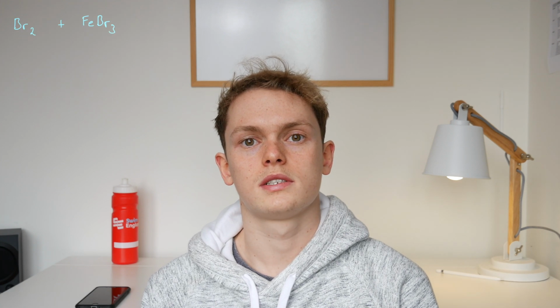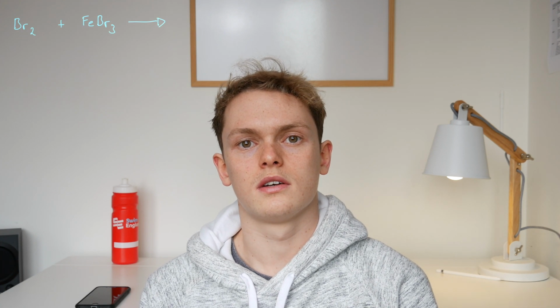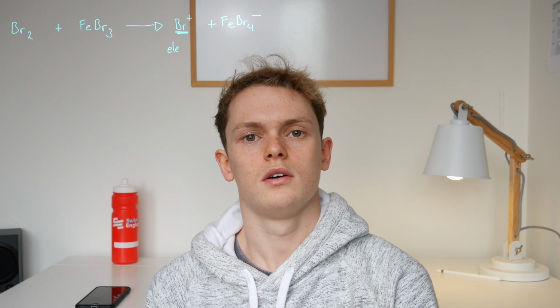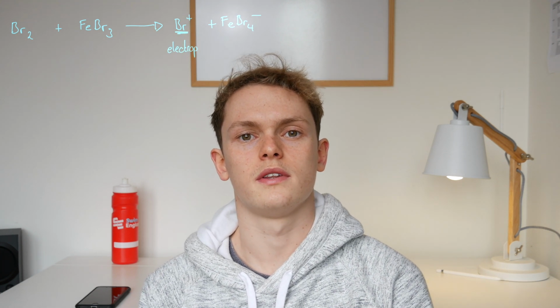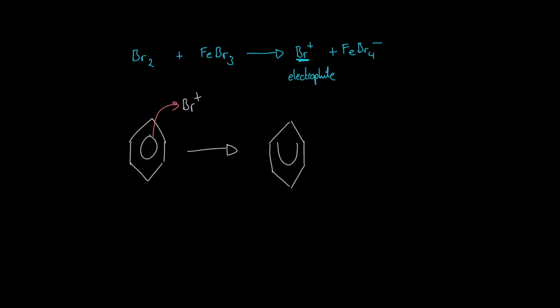So you have, for example, Br+ and then FeBr4-. The rest of the mechanism is pretty much the same. It's just the standard electrophilic substitution mechanism, where the electrophile, in this case for example the Br+ ion, accepts a pair of electrons from the delocalized ring.